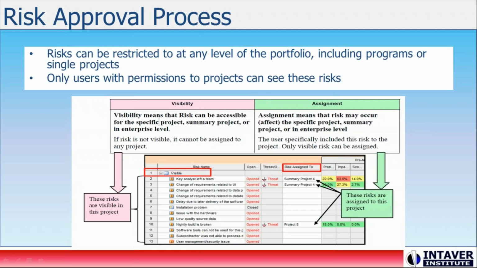And in our particular system, we have what's called visibility, which allows a risk to appear in a particular project or program or at any level of the hierarchy. And then there's assignment, so that the risk is assigned to specific areas. A risk can be assigned to multiple projects, multiple programs, or just to specific areas of your portfolio.